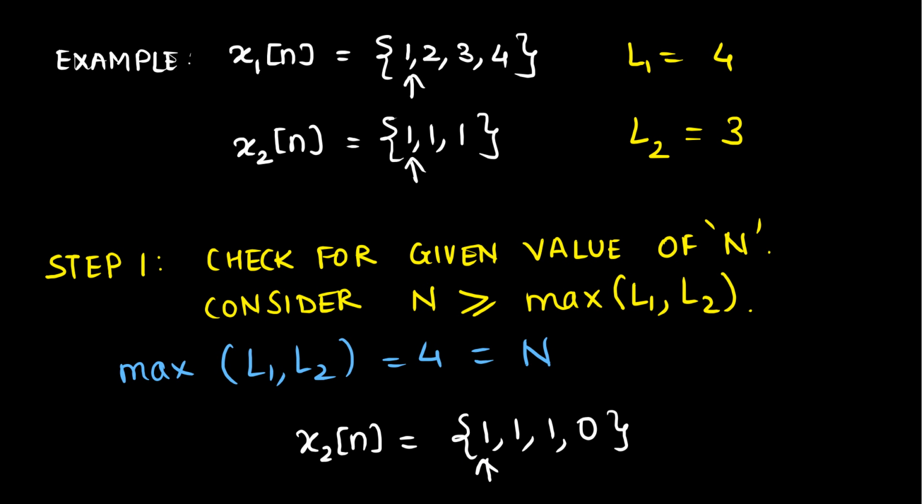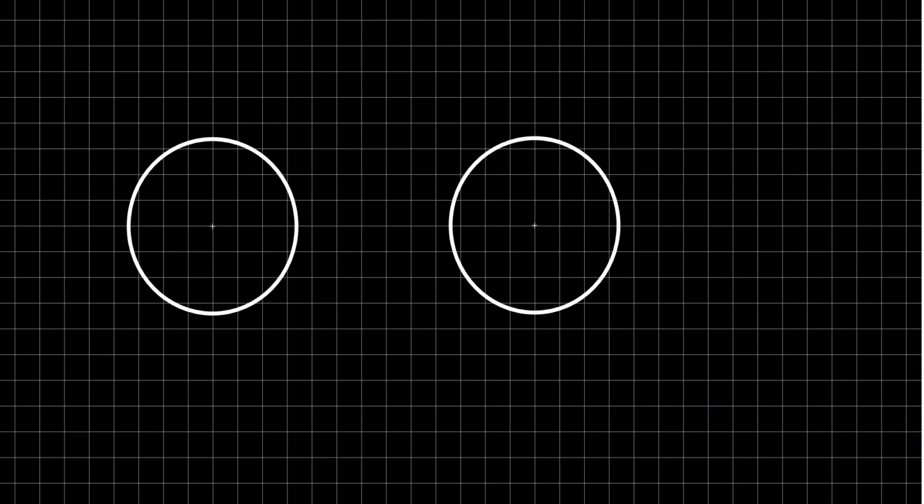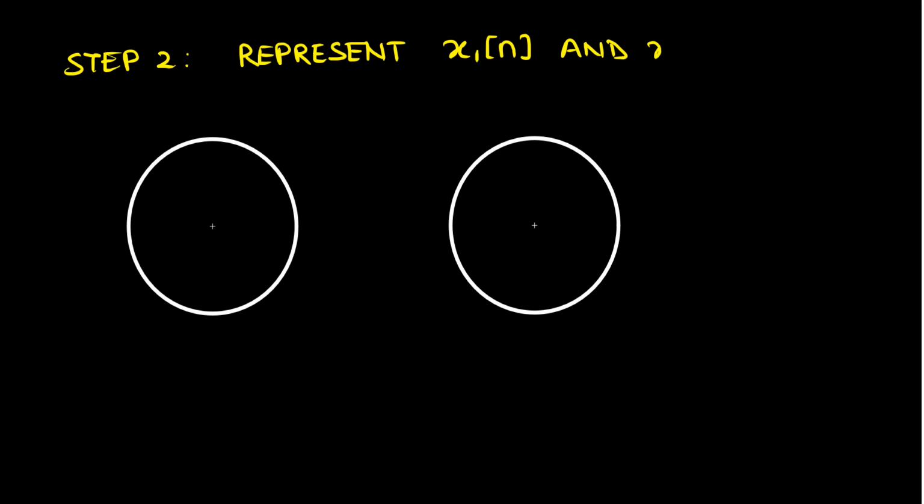Once we do this, the next step is to represent these signals in a circular fashion. So the step 2 is represent x1 of n and x2 of n in circular fashion.